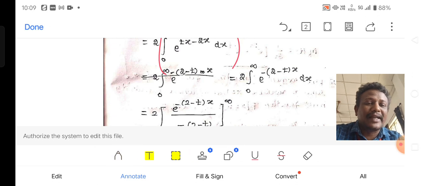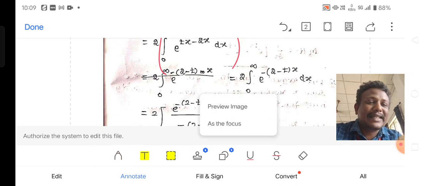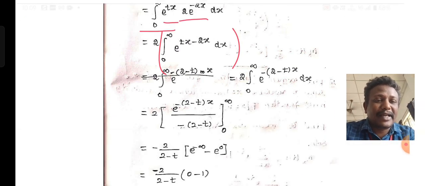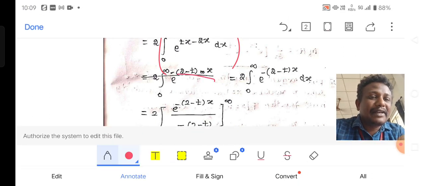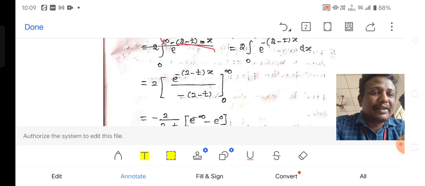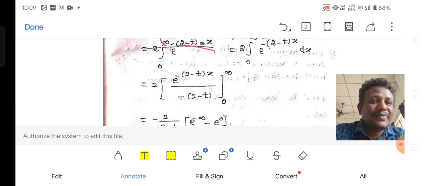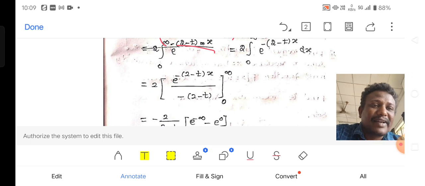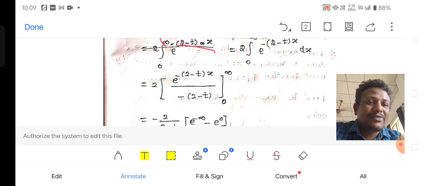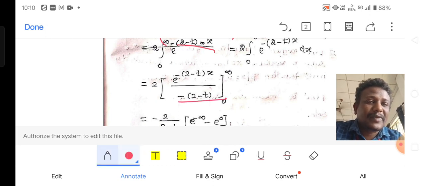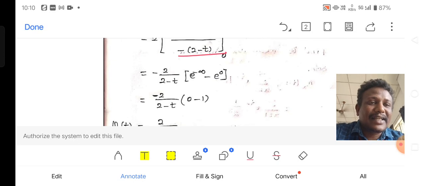Here x is common, so it can be kept outside. Now if you integrate, the answer is e power minus 2 plus t times x, divided by the coefficient of x, which is minus 2 plus t. That can be written in the denominator.